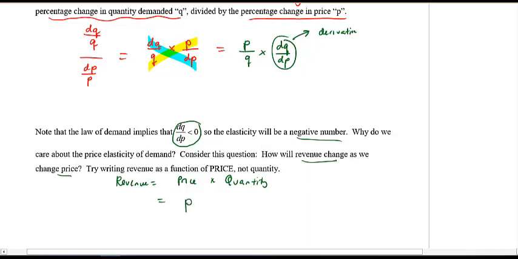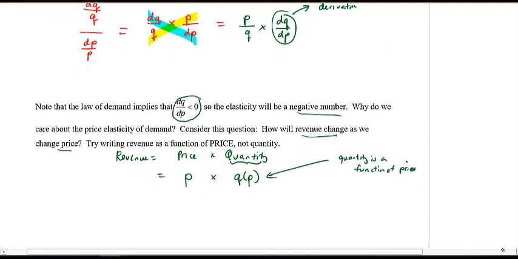So I'm going to keep price as p, and I'm going to define quantity as the function q of p. Once again, note, this time quantity is a function of price. In the previous example, I think we did quantity as a function of the number of units sold.